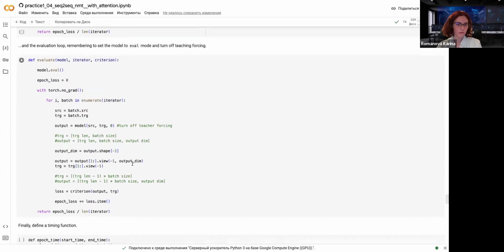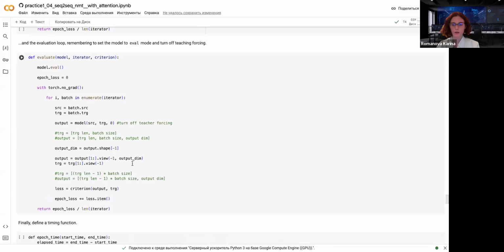Then we have evaluation mode. The model is set to evaluation mode using this line of code. I hope you remember it. This line turns off dropout layers and other training-specific components to ensure a consistent evaluation. Also, we remember that we have teacher forcing.